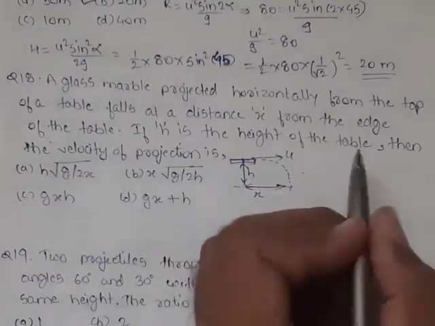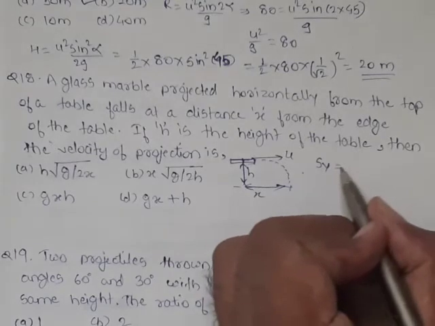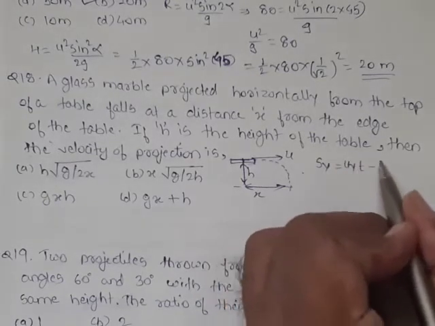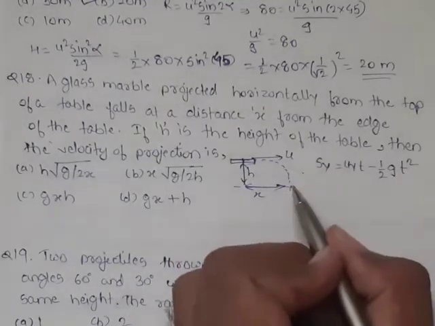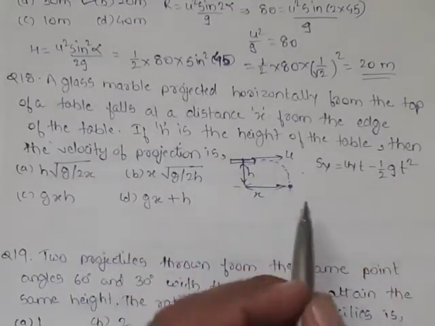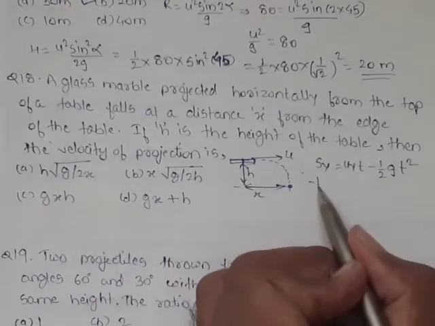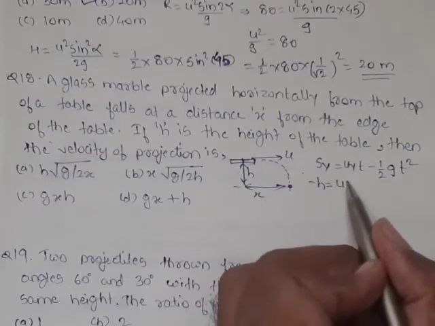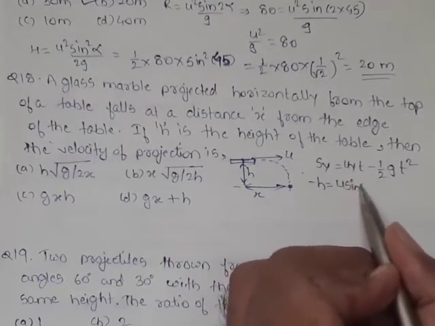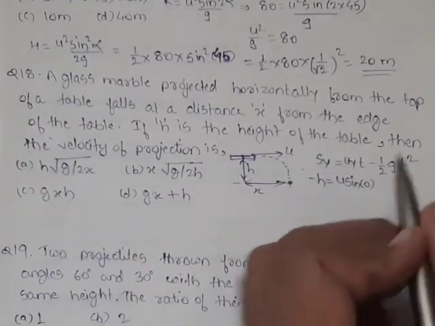So here we'll first use the second kinematical equation, Sy equal to uyt minus 1/2 gt square. The height of drop at the second point is below the initial point, so we have to take minus h equal to uy t minus 1/2 gt square. What is uy? Uy is nothing but u sine alpha, and alpha is nothing but 0. The angle of projection initially is 0 because it was projected horizontally.